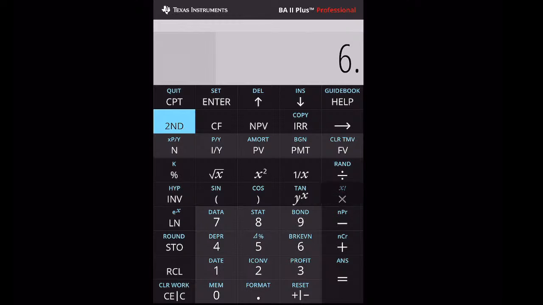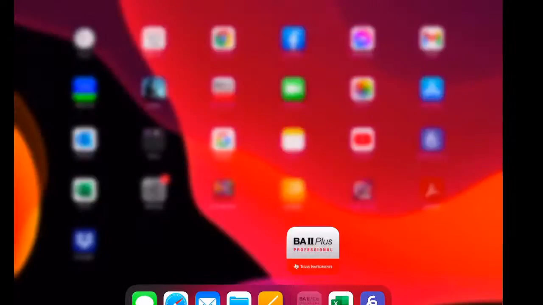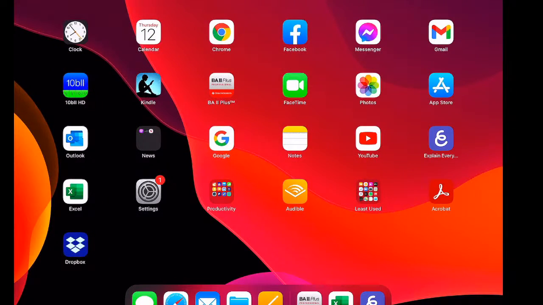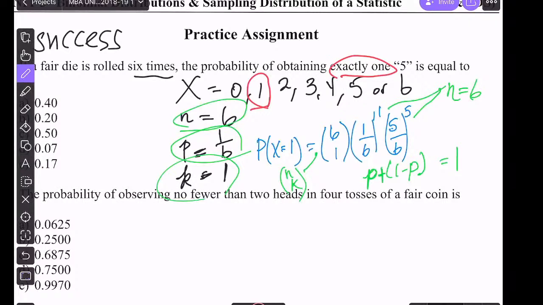And then I want to multiply that by 1/6, then times bracket 5 divided by 6, and then close it. No, that screwed it up. I can't do it like that because I don't have order of operations on my calculator. So I'm going to do it on the side here.